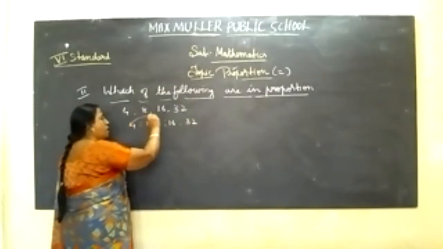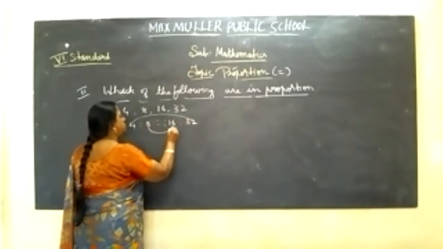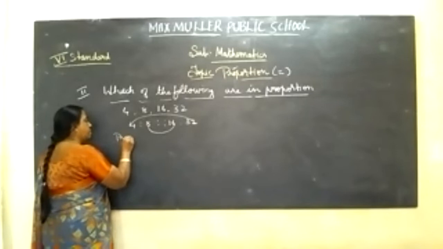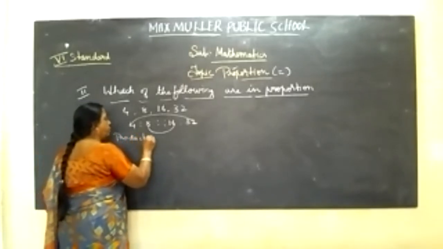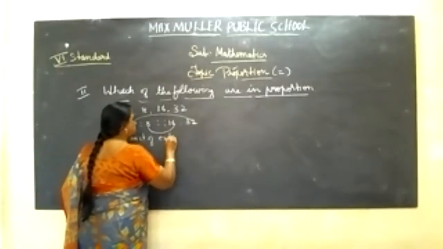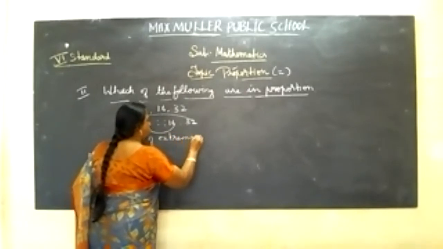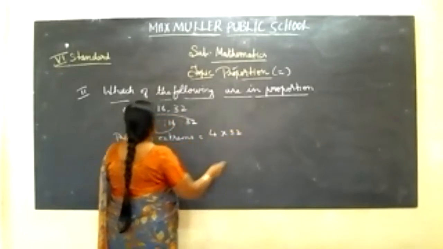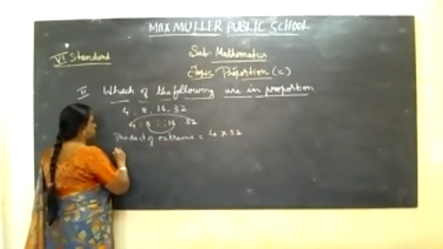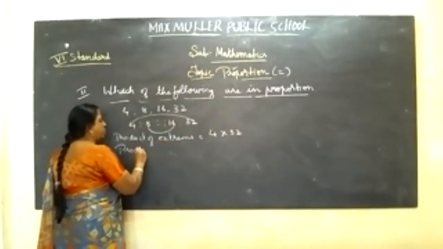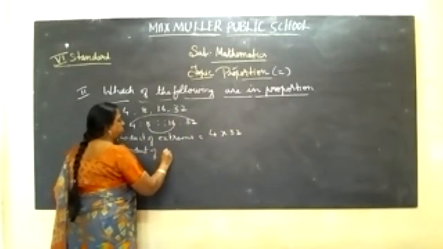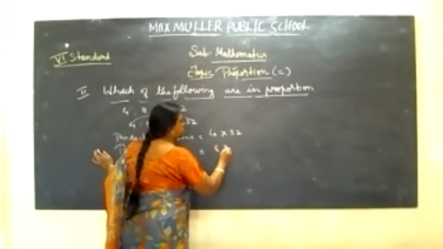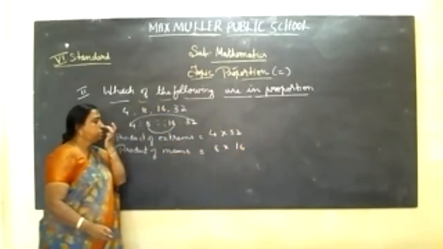So first and last, then second and third. Product of extremes is equal to 4 into 32. Product of means is equal to 8 into 16.